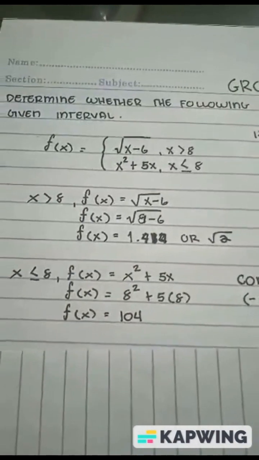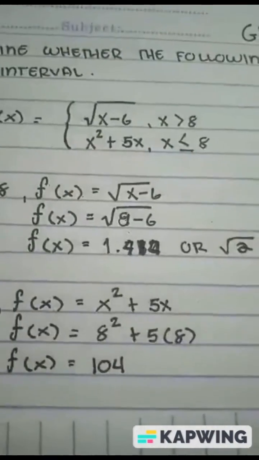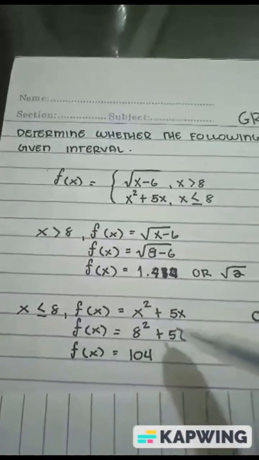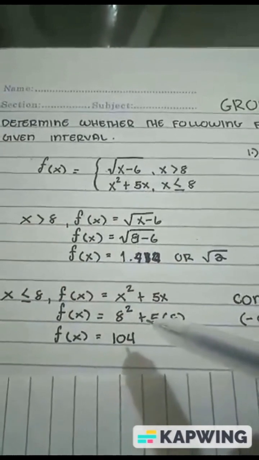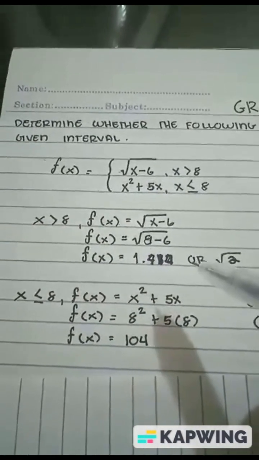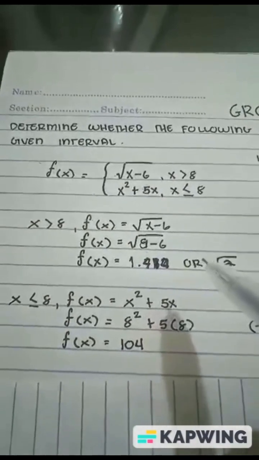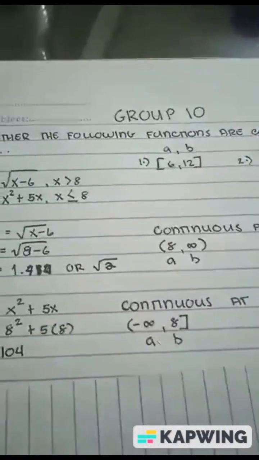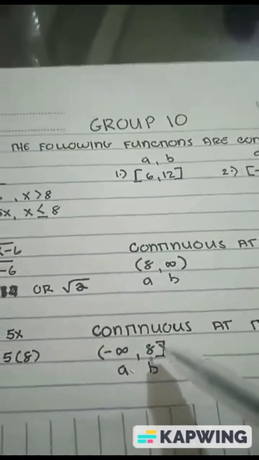But since we are going to give you an example, let's use 8. 8 squared plus 5 multiplied by 8 will be 104. If you substitute any number greater than 8 or less than 8, it still has a number because it's a polynomial, so it will still be continuous. Any number on R will be continuous.